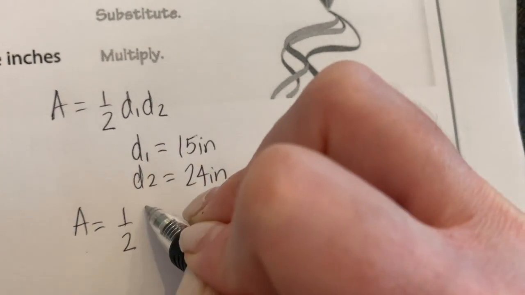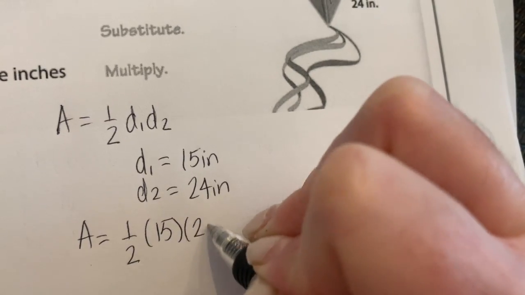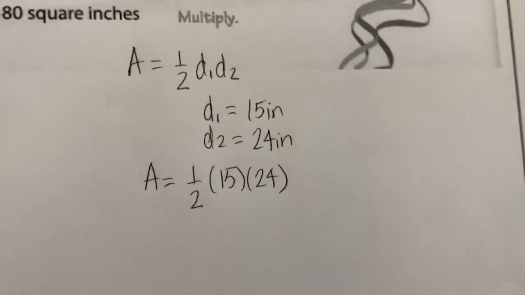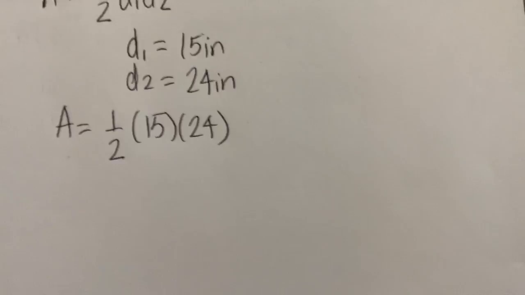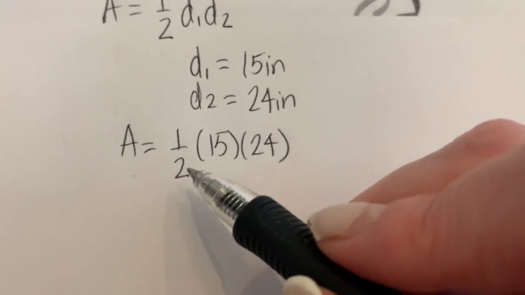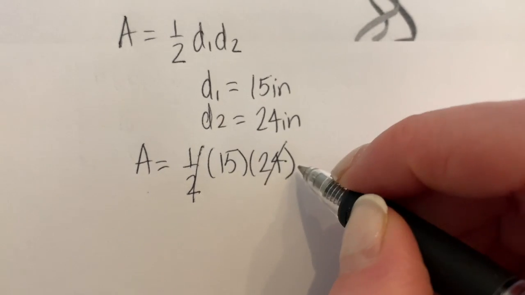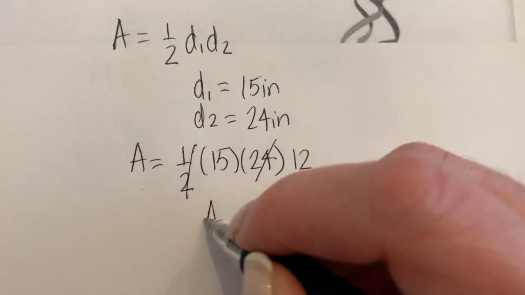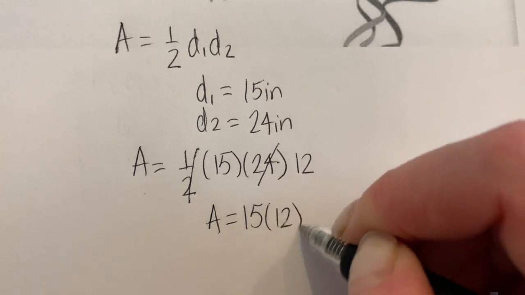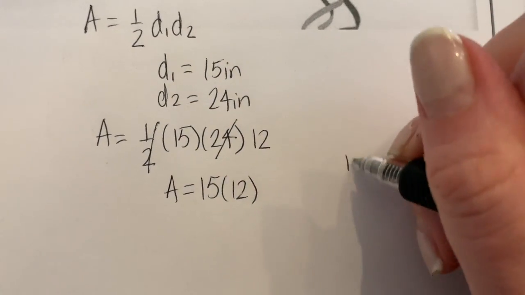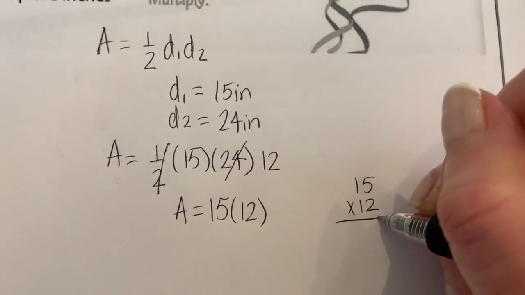So 1/2 of 15 times 24. Now you can multiply these two together and then divide by 2, but I'm going to do something different. I'm going to do 1/2 of 24, because that's going to be 12, and it's going to be much easier for me to do 15 times 12. You don't have to do it that way. I'm going to just multiply this.